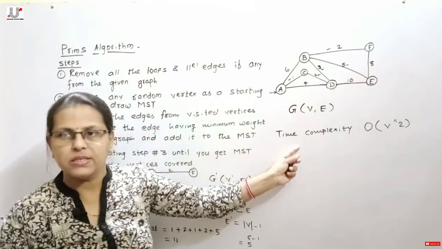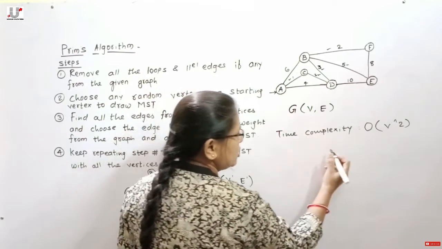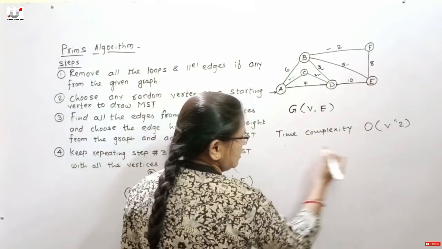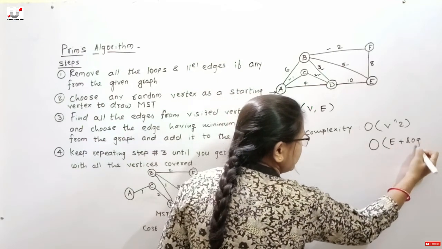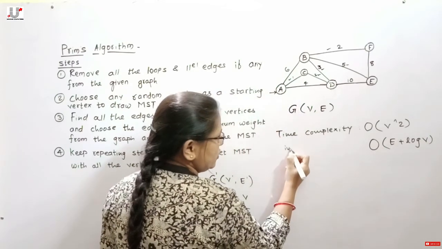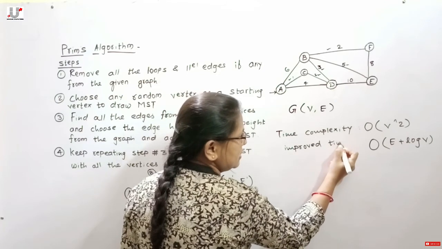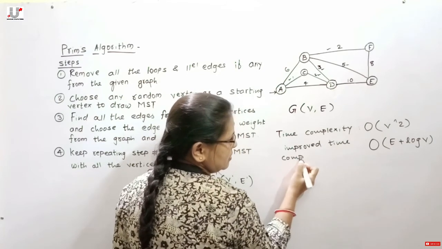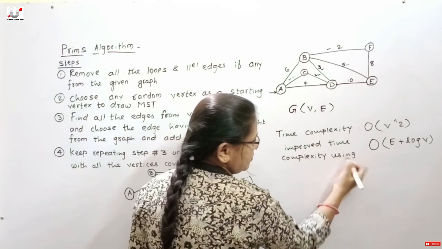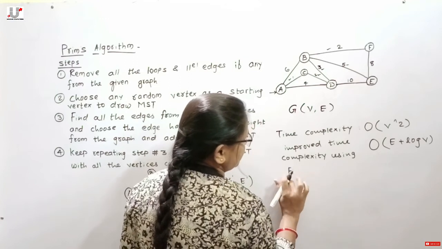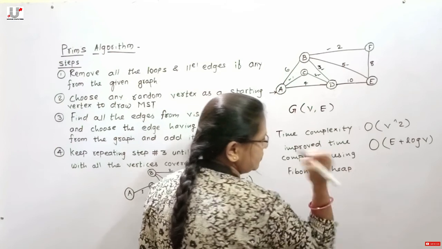But this complexity can be improved using a Fibonacci heap to big O of E plus log V. This is an improved time complexity using a Fibonacci heap.